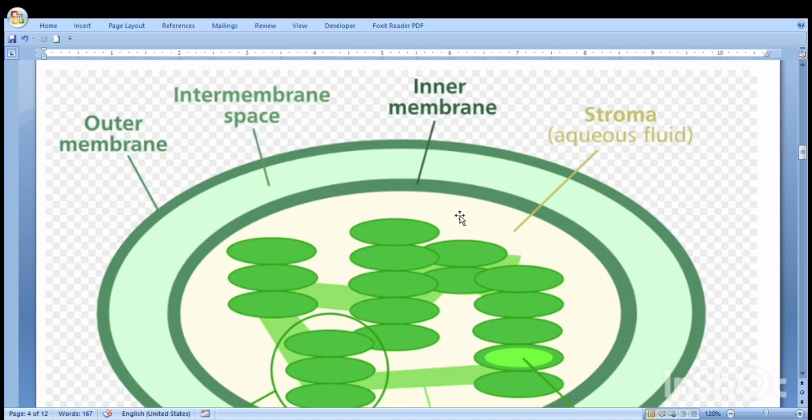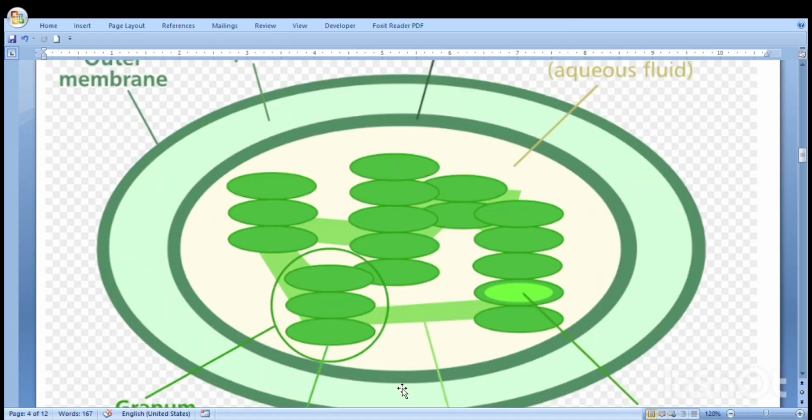Inside the inner membrane, stroma is present. What does it contain? It contains enzymes, ribosomes and DNA.